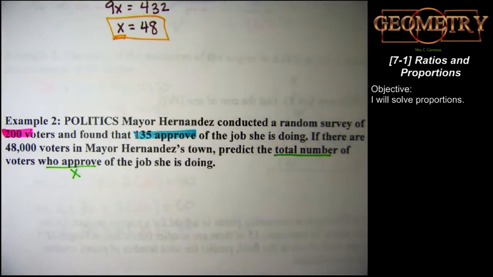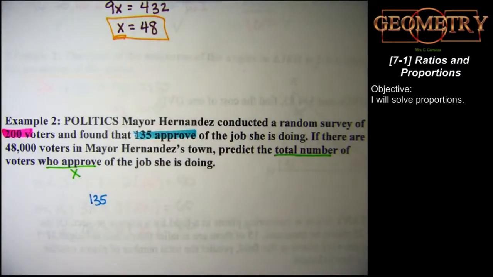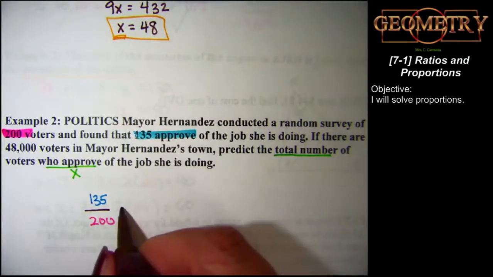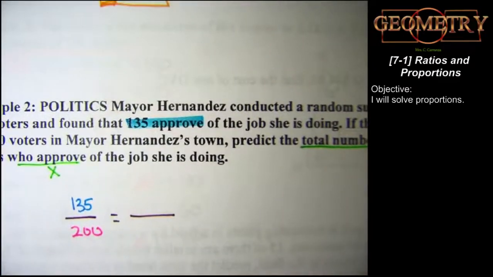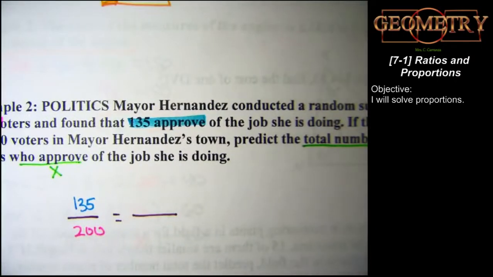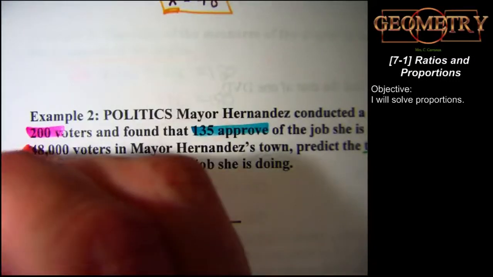And so I can write that as 135 to 200. And if I set that ratio equal to the total number who approve of what she's doing in the entire city, divided by the number of people that are actually in the city eligible to vote, here are our total number of voters.